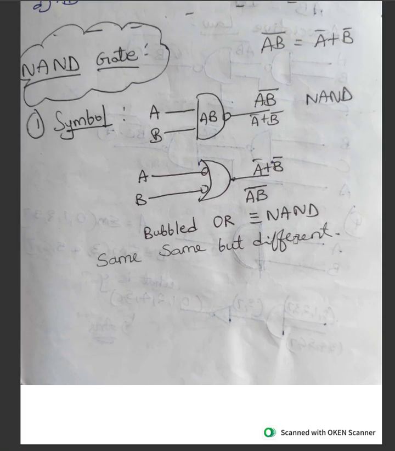Then you have the NAND gate. NAND gate is simply a combination of AND gate and NOT. The same NAND gate can be rewritten as bubbled OR. You can compute it via Boolean algebra, you will get the same thing.